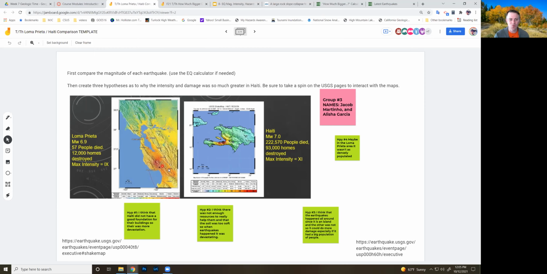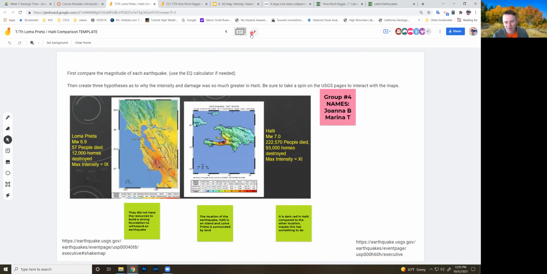which was pretty interesting. Because the maximum shaking intensity wasn't underneath all those people, maybe that reduced the amount of death and damage too. It turns out that basically everything you said has a lot of validity to it. And being an island as well, the further away you get from the epicenter, the shaking actually reduces.